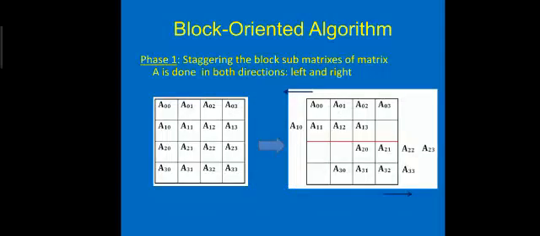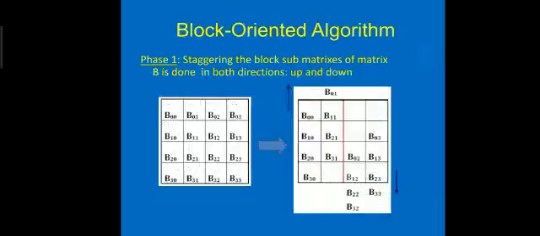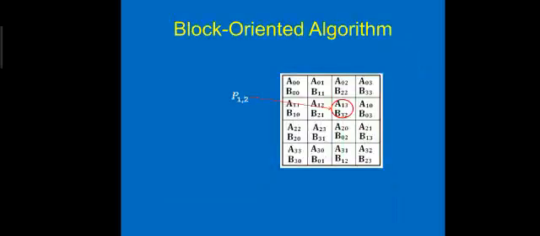Phase 1. Staggering the block submatrices of matrix A is done in both directions, left and right. And then staggering the block submatrices of matrix B is done in both directions, up and down.